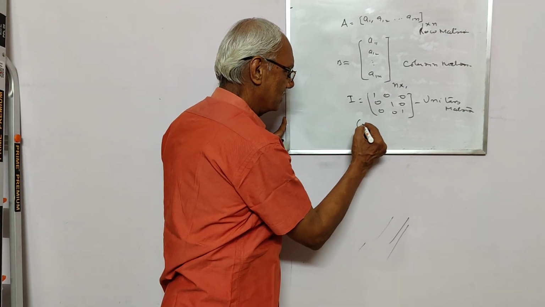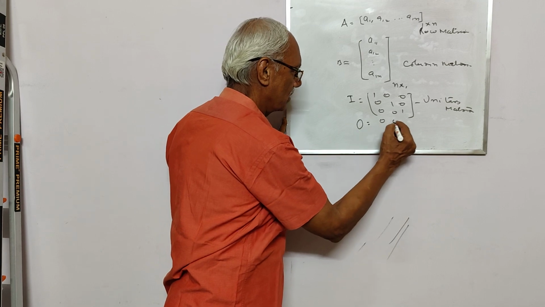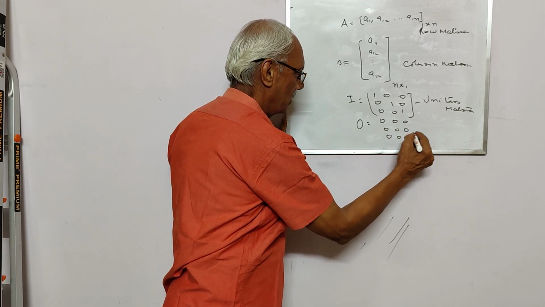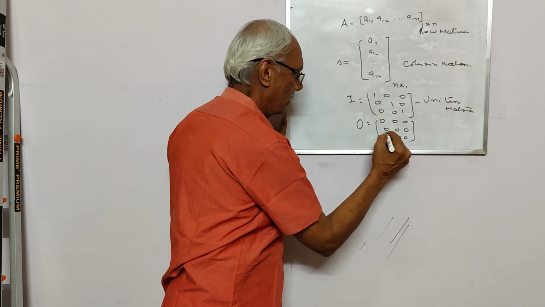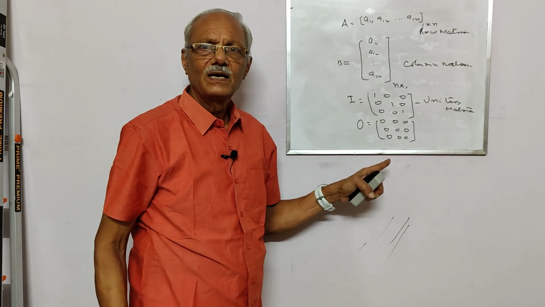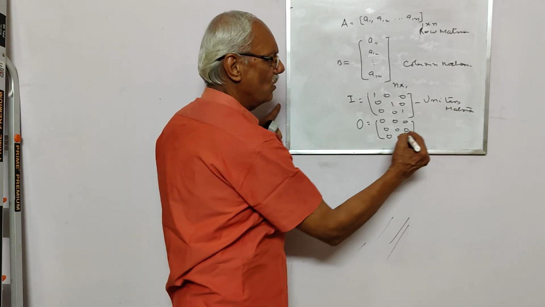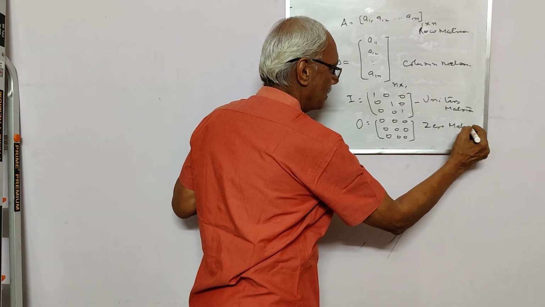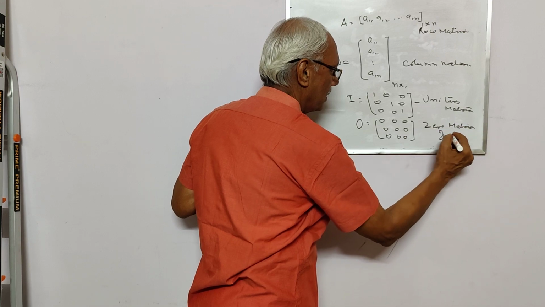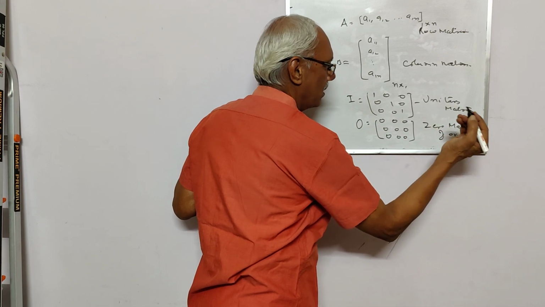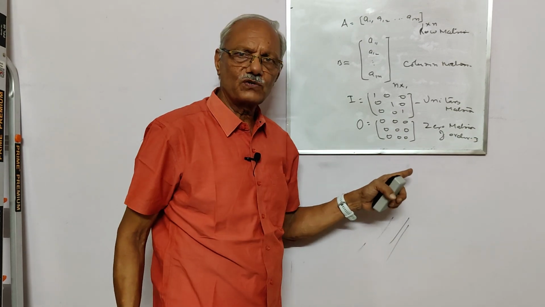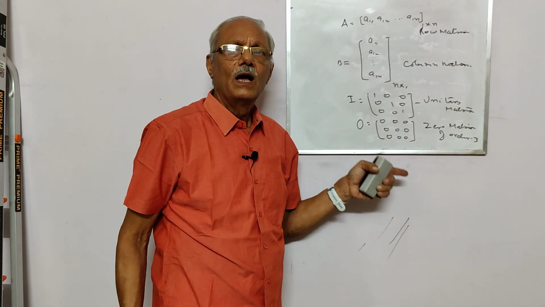Likewise, I can write O is equal to, now this is a 0 matrix. This is a 0 matrix of order 3, that is, this is a square matrix of order 3.